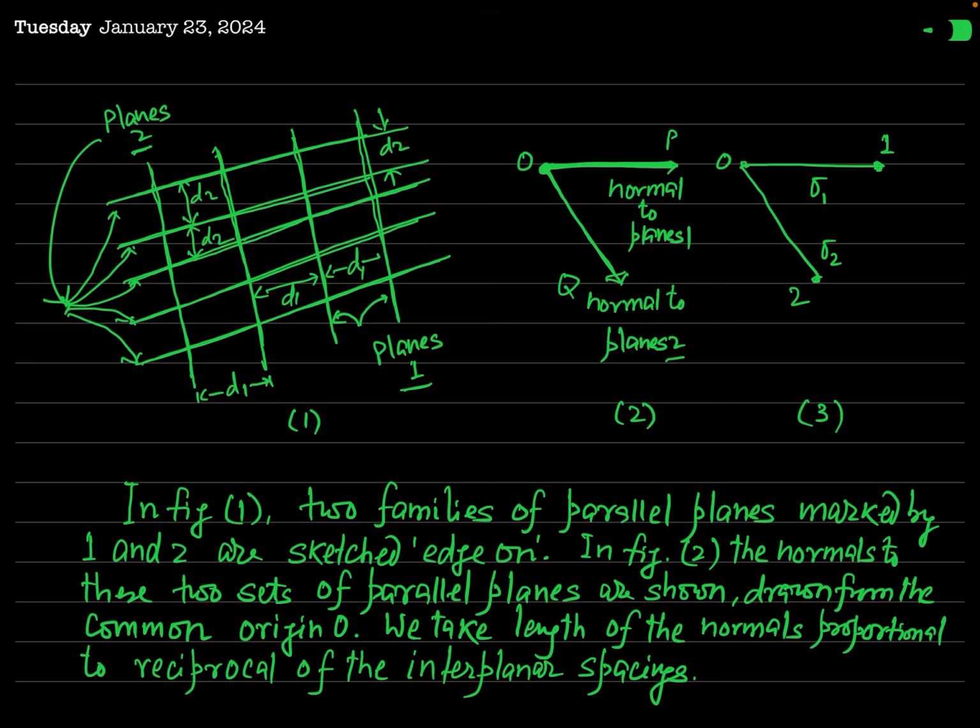Now, to get the reciprocal lattice point, we take the length of these normals inversely proportional to the interplanar separation.